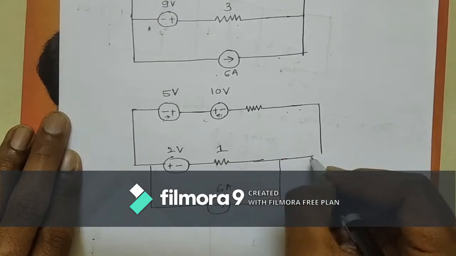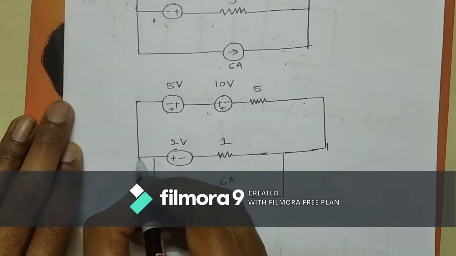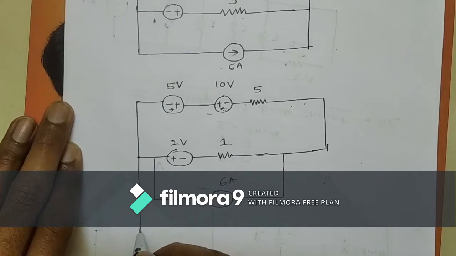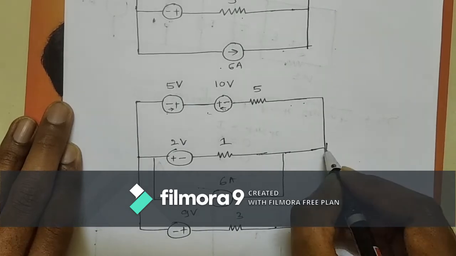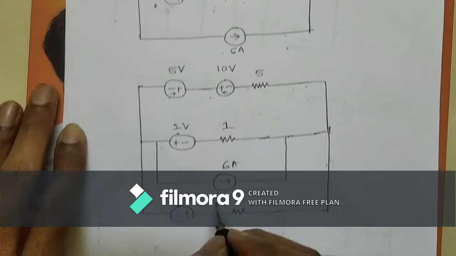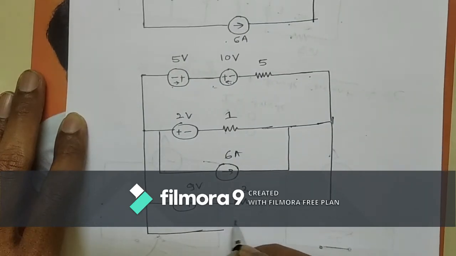I will draw the remaining network as it is. This is 5 ohm, this is minus plus 9 volt, and 3 ohm, and I have a 6 ampere current source.